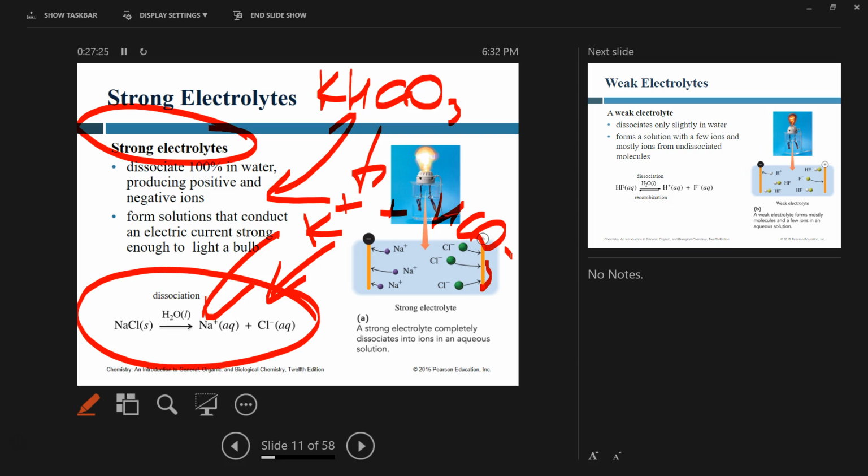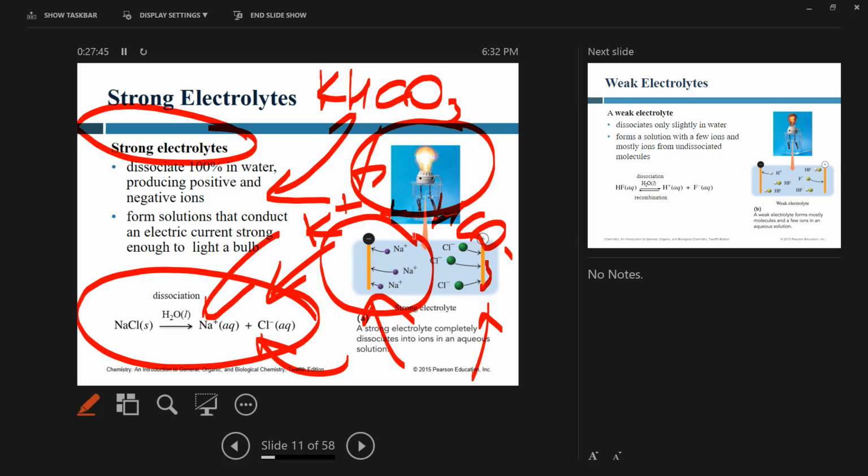So this is why the lamp went off, because electricity that was generated by that battery actually managed to get through the solution because of these ions. These ions move to the opposite poles. Cations would move to the negative pole, anions will move to the positive pole.